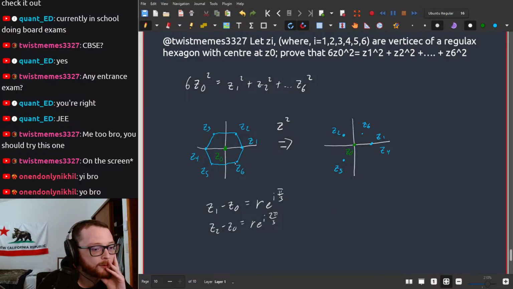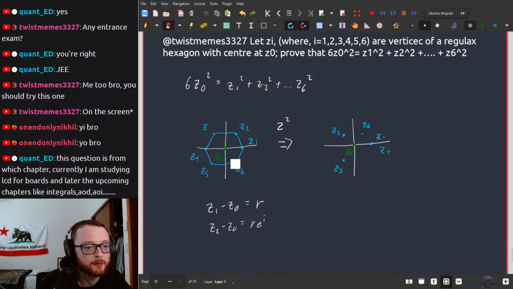Oops, z1, how I named it, should be just r. Okay, so I should redo my naming to match what you did, Twist Memes. 1, 2, 3, 4, 5, 6. 2 pi over 3.